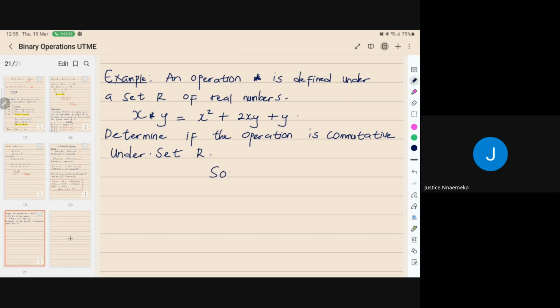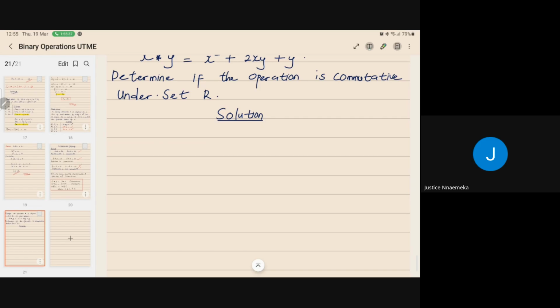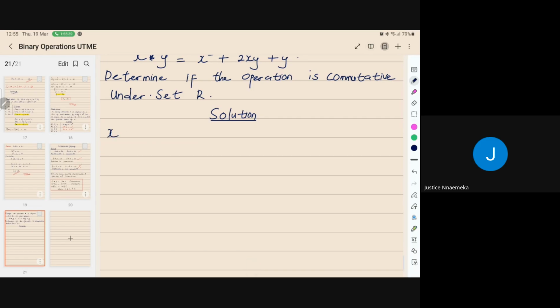All right, so solution, how do we determine whether it is commutative? Remember the commutative property that for that very operation, x asterisk y will be equal to what? Y asterisk x. This happens to be the commutative property.